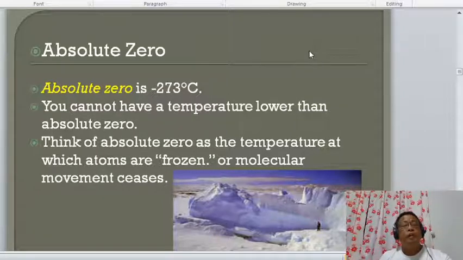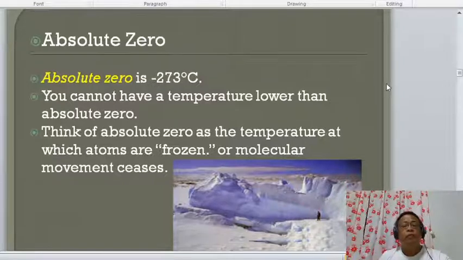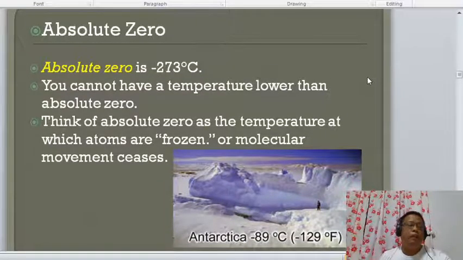Another is absolute zero is the temperature at which the atoms are frozen. Okay? Meaning, the atomic movement or the molecular movement ceases at this point. So in Antarctica, the lowest temperature reading measured is only negative 89 degrees Celsius, or that is negative 129 Fahrenheit.